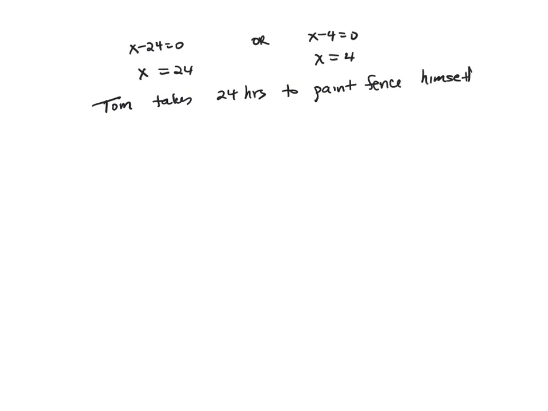And it would take Bill 12 hours less to paint the fence himself. If x were 4, then it would take Tom 4 hours, but 4 minus 12 is a negative number, so we reject this answer. This is impossible. So that concludes that work problem.